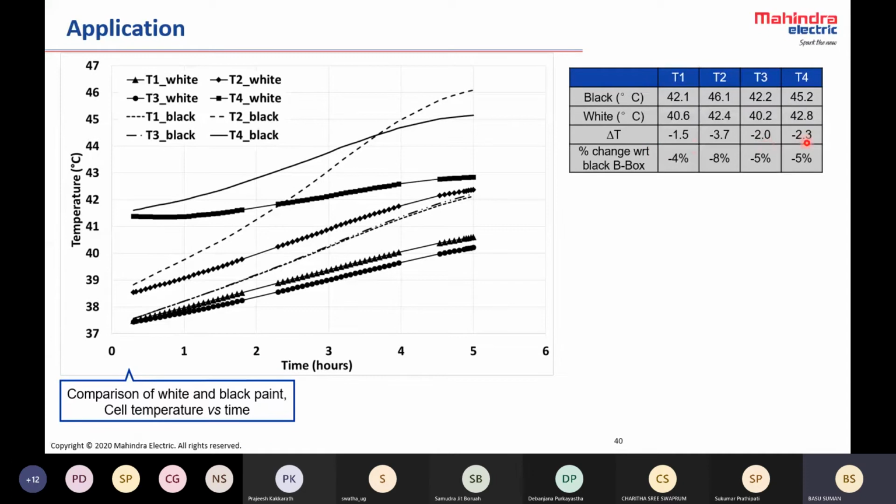Now you will say 2 degrees C, why is it such a big deal? That is a big deal because when the battery is hot, you're not allowed to charge. So if the battery has a temperature lower by 2 degrees, for each 1 degree, about 20% charging is possible. So if you have a black battery box, you are not allowed to charge. If you have a white battery box, then you will be able to charge 40%.